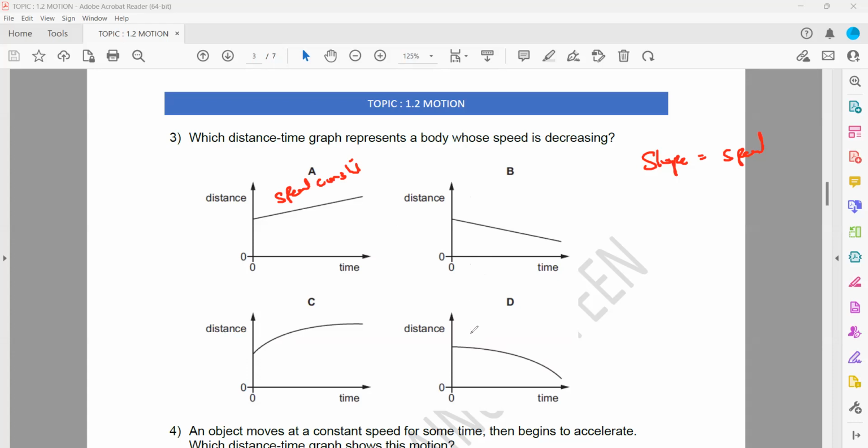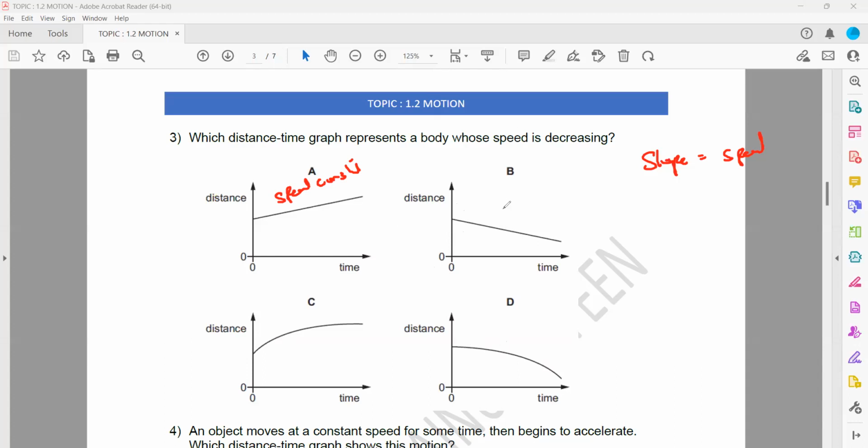These two graphs cannot be for distance, so B and D are totally wrong graphs, because distance cannot decrease from the starting position. It should be a displacement graph which can decrease, but not distance. Even if it was a displacement graph, B and D would not be answers because it's a straight line.